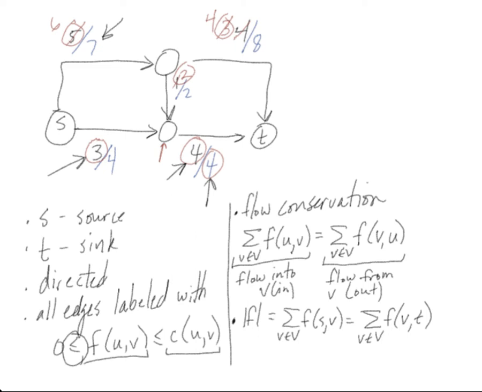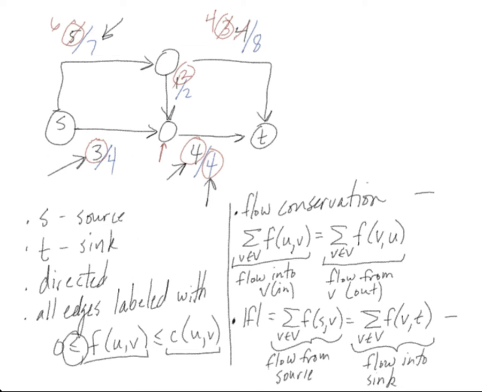So this is the flow out of the source. And this is the flow into the sink. And those have to be equal. It turns out that flow conservation and this right here are identical.